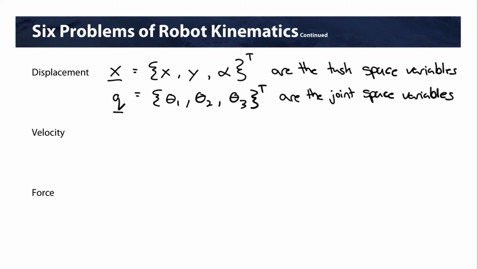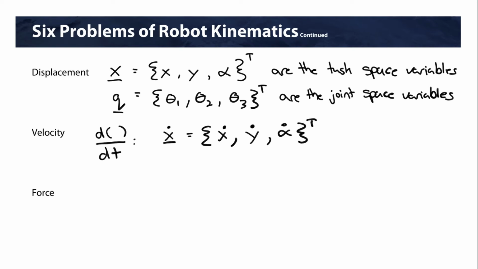Now, in terms of velocity, the velocity is simply the time derivative of these two equations above. So it'd be vector x dot, which would be our translational velocity in x, our translational velocity in y, and then our angular velocity of our end effector.